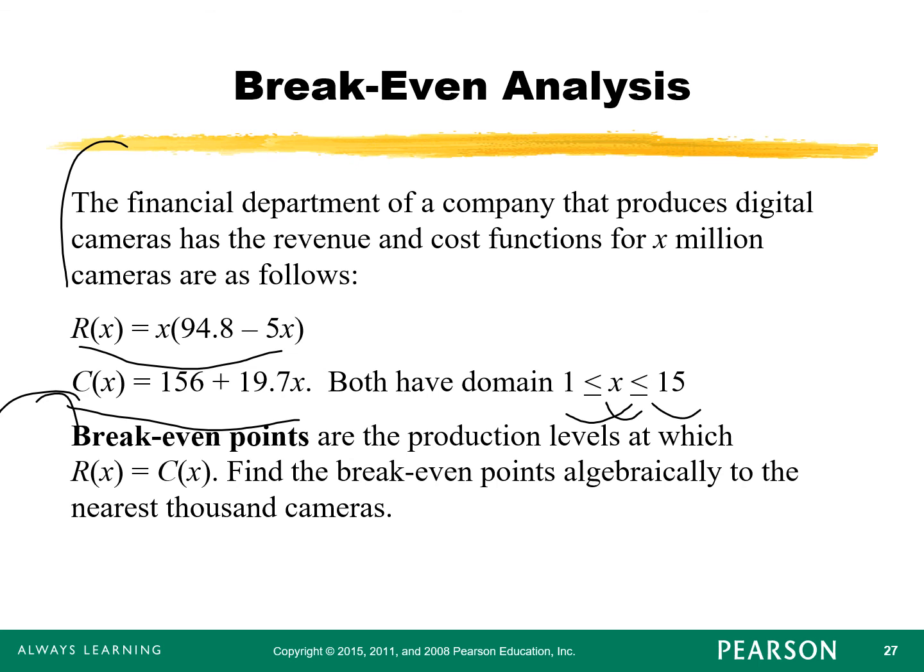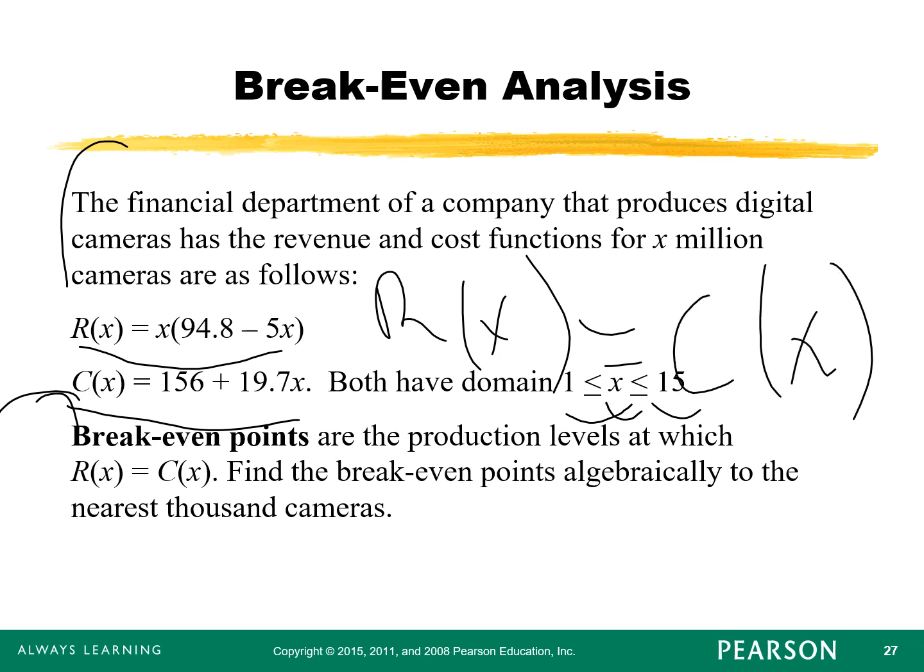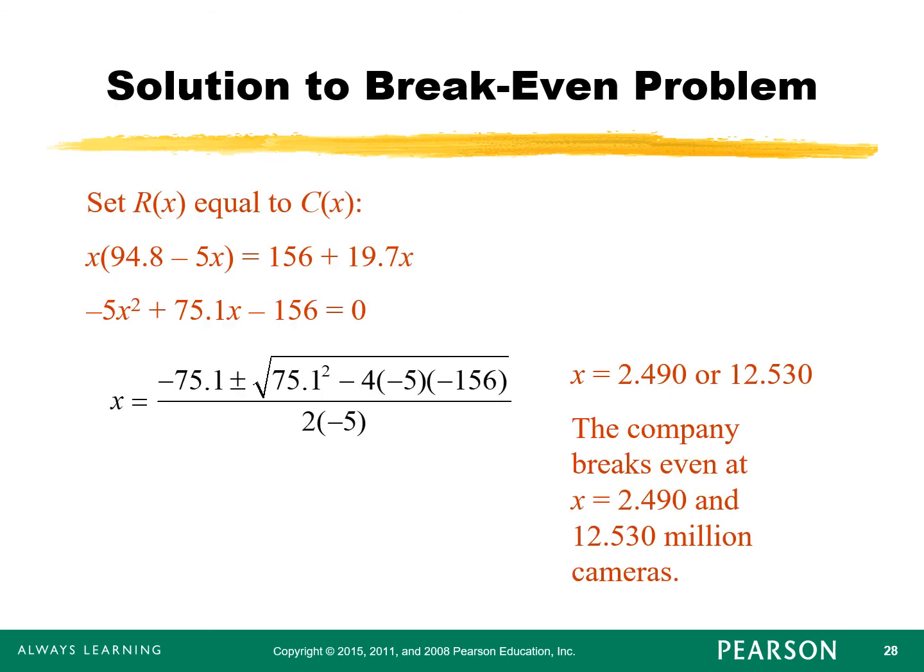So if we want to find the break-even analysis, what should we do? We have to take the revenue equal to the costs. So algebraically, we'll get the revenues equal to costs, and we will have to round to the nearest thousandth camera. So while having this form, we'll get a general quadratic function.